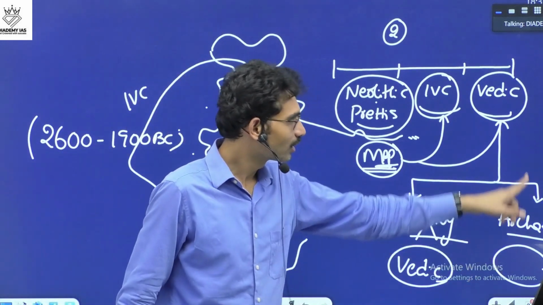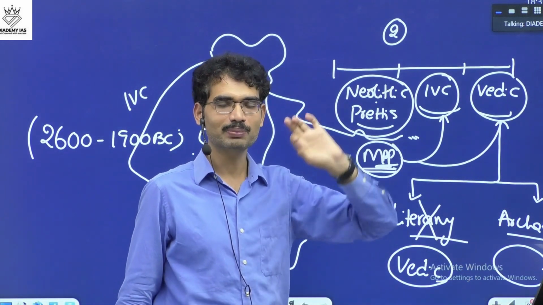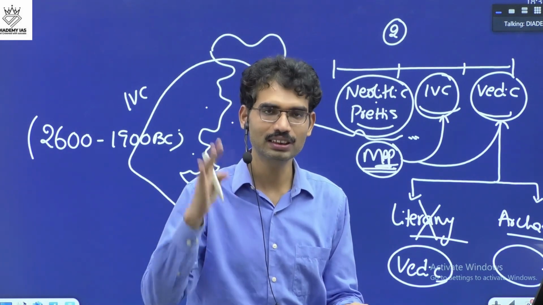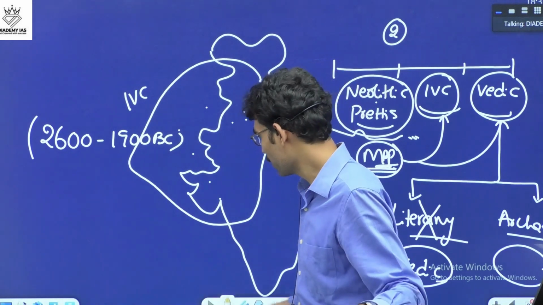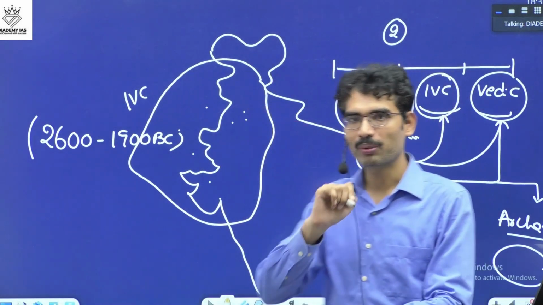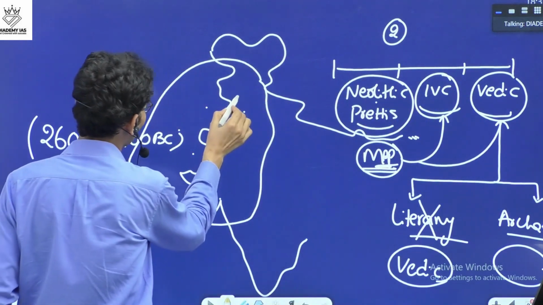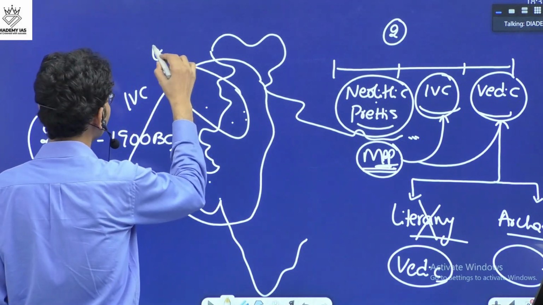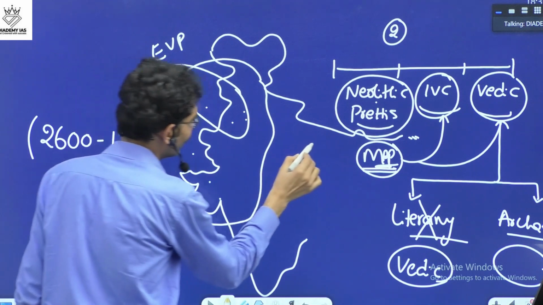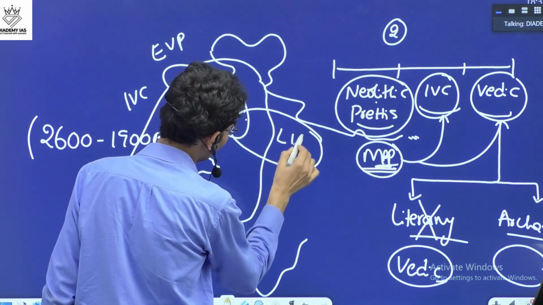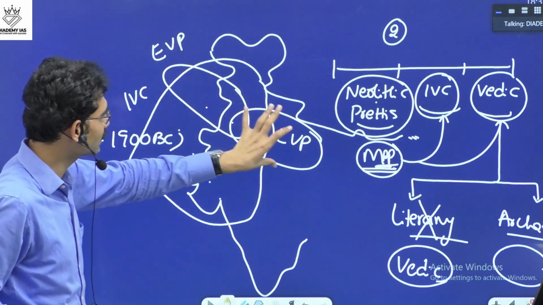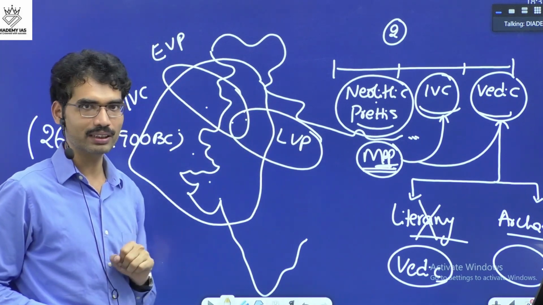Now, there are so many debates with respect to the Vedic period. Who are the Aryans? Whether they are indigenously populated. The early Vedic people's settlement is in this region, and the later Vedic people in this one. This is the geography of early Vedic, and this is the geography of the later Vedic period.